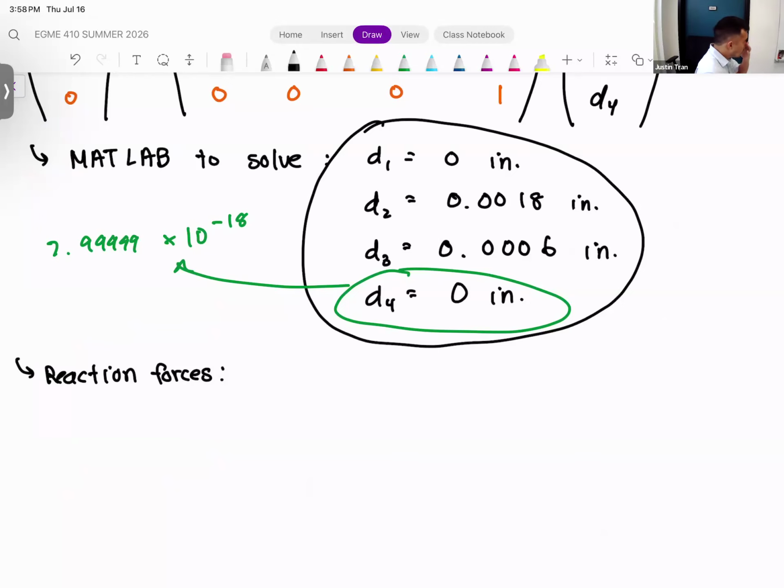Let's step back to our statics class, our solid mechanics class, and recall what reaction forces are. Reaction forces are forces that get applied onto our structure at the location where we are applying constraints.